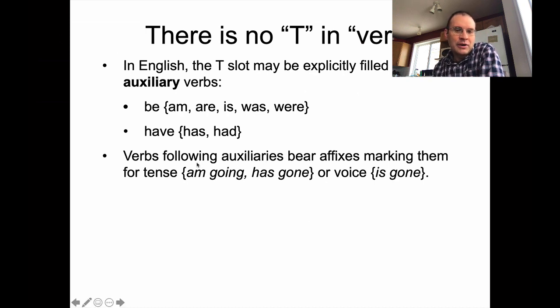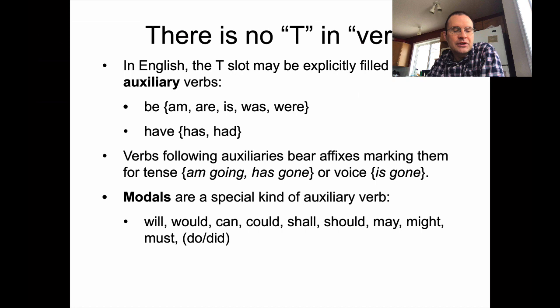I'm just going to say that the verbs that follow these auxiliaries bear affixes marking them for tense or voice, like I am going, he has gone. So the verb itself will do something a little bit different to agree with the auxiliary verb in the tense slot and the main verb of the sentence.